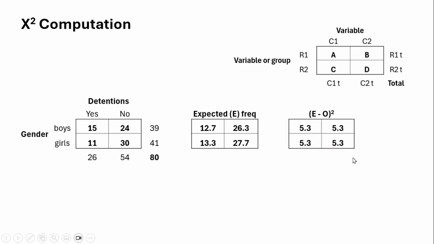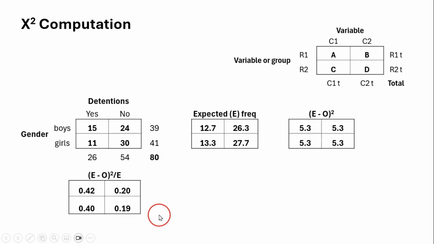Then the next step, if you look down here in the lower left, we have a table that is the observed minus the expected, squared. Each of those values are divided by the corresponding expected value to obtain each of the values that you see in this table. So for example, in cell A, the 0.42 would be equal to the 5.3 value divided by 12.7 that you see up here.